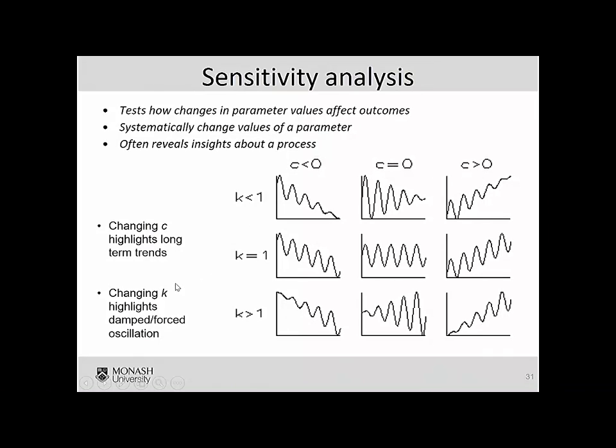And K is the damping force or the oscillation force. If it's less than 1, then we're gradually damping lower and lower, which is what we'd like to get to a steady state simulation. If it's 1, then we stay in the same sort of oscillation, whatever happens. And if it's greater than 1, then the oscillations get bigger and bigger, like we saw in the predator-prey.